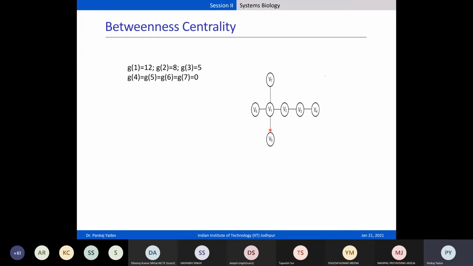So we do not expect any paths going through these nodes. If we want to go from V1 to V2, we probably don't have to go through V7, V6 and V5. So that's why their betweenness centrality score is 0. And also, as I was saying, you can see that the betweenness centrality score for node 1 is the highest.